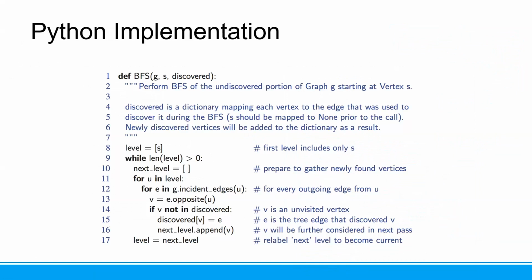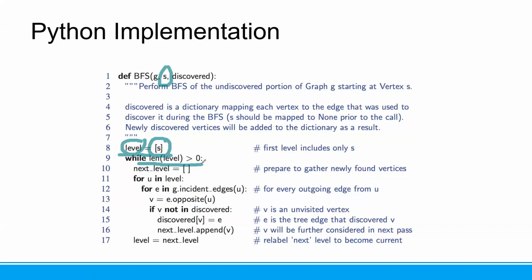With the long pseudocode, we can have this Python code. The level is in the form of a list. I make S, the starting vertex, the initial value of the level, while the length of the level is greater than 0.